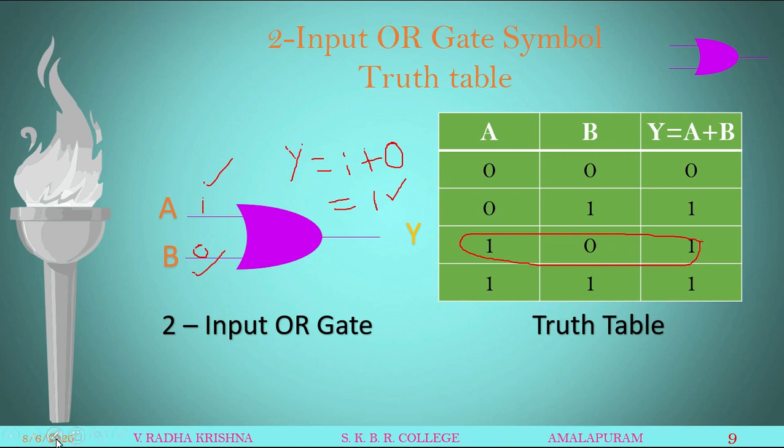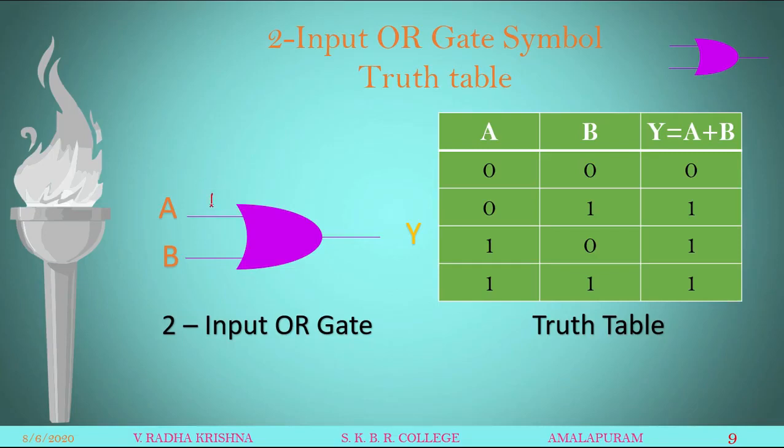Now come to the last entry, that is a is equal to 1 and b is equal to 1. Here 1 means high. Now its output is y is equal to 1 plus 1. So 1 means high, second one means high, so high plus high.